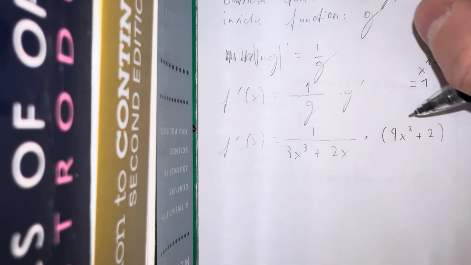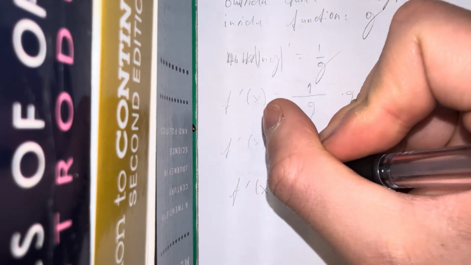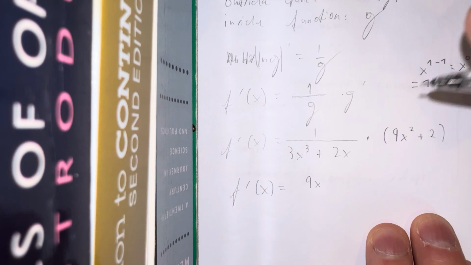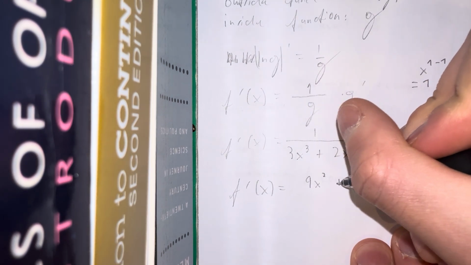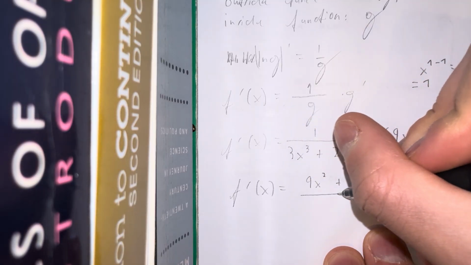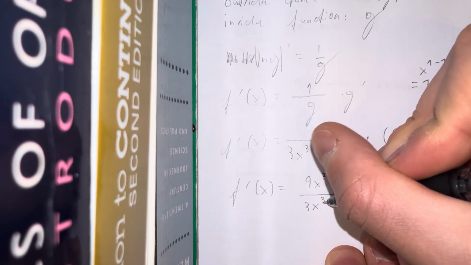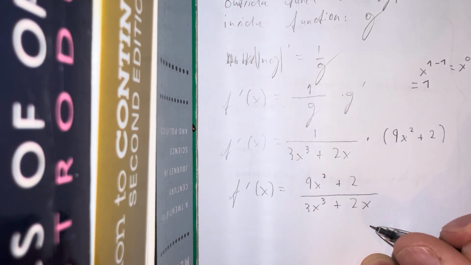And now we'll just move this on top for cleanliness. 9x squared plus 2 over 3x cubed plus 2x. And that's our final answer.